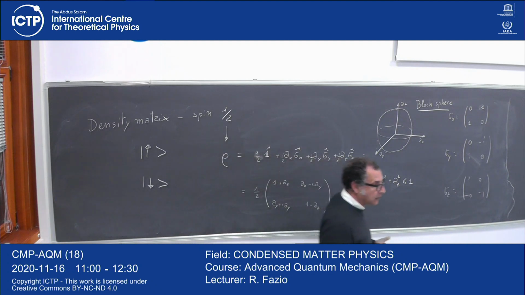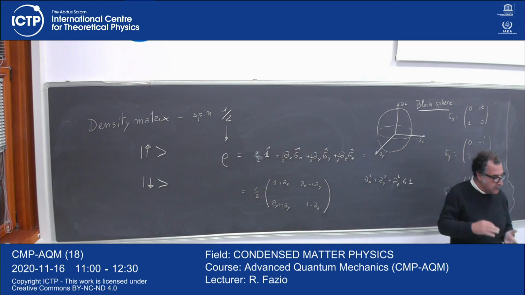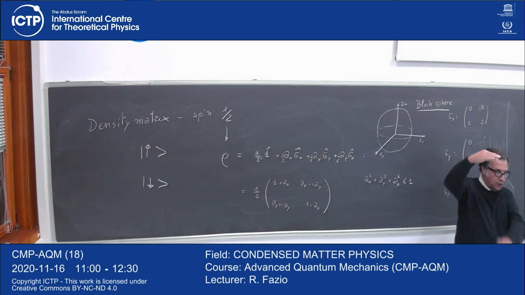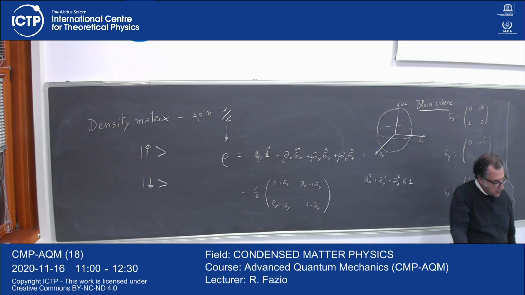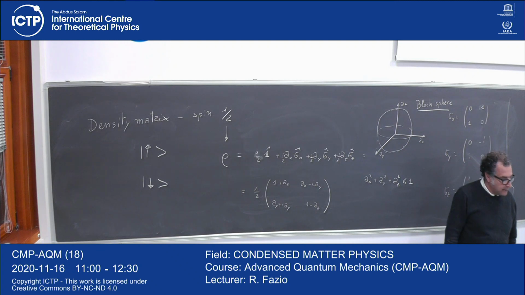So for this case of spin 1/2, the purity goes from 1 on the surface of the Bloch sphere to 1/4 at the center.